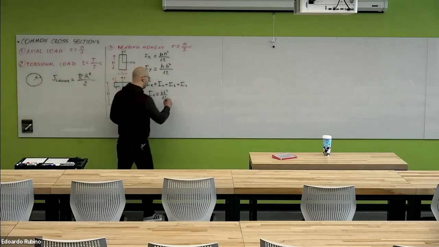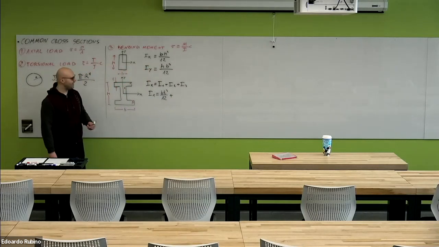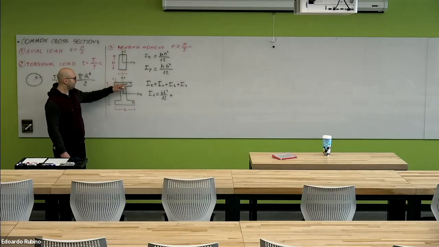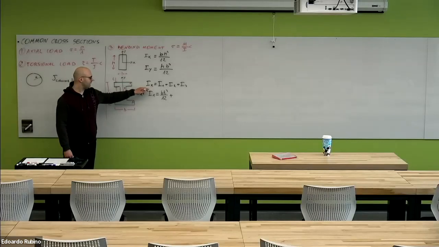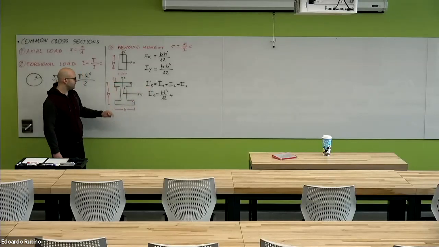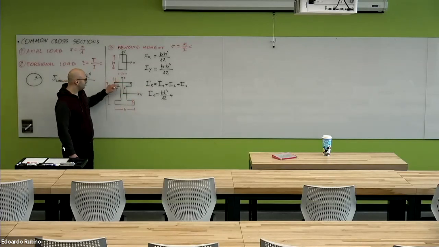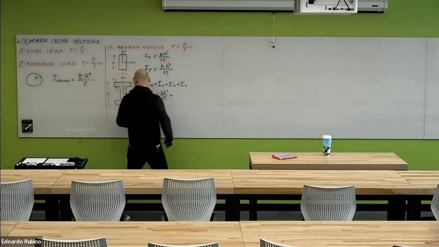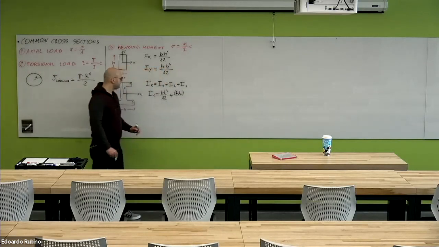And then we have to add another contribution, which is basically telling us that the area that we are considering is not aligned with the axis that we are looking at, but it has some distance. This term is given by the product between the area and the distance squared. So the area would be b times t.